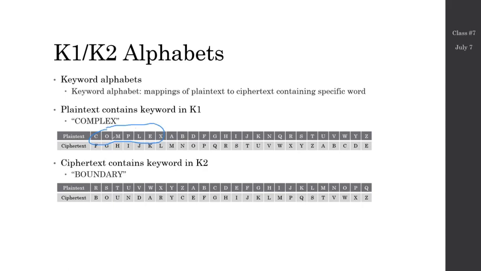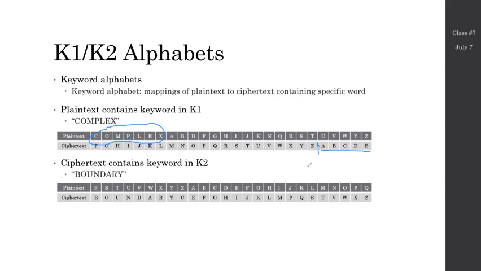You'll also notice that the ciphertext on the bottom is written in alphabetical order, and alphabetical order doesn't necessarily mean you have to start from A. In this case, it starts from F, proceeds all the way to Z, and then goes back to A. The reason is that you can't have the ciphertext start alphabetically with A, because then you will end up with a few letters of plaintext and ciphertext that map to themselves, and we can't have that.